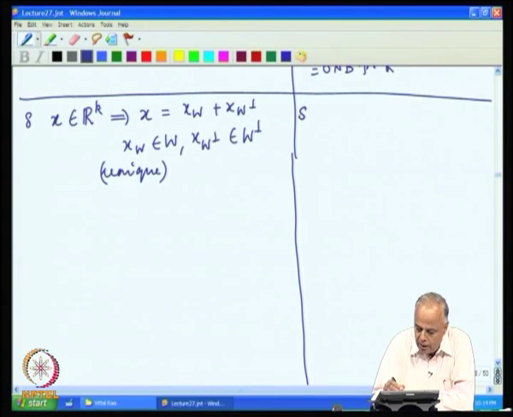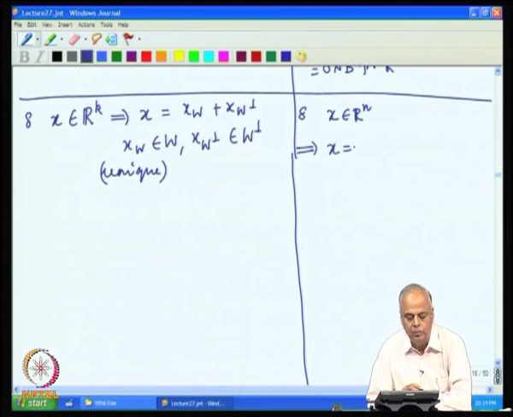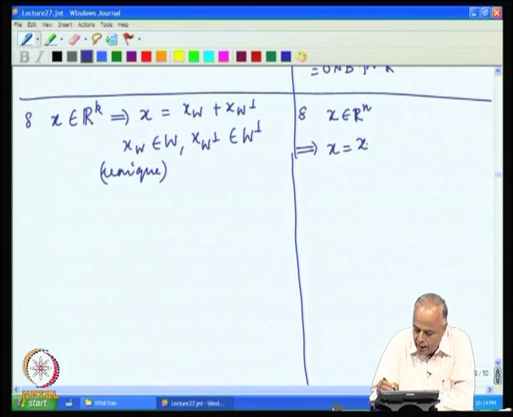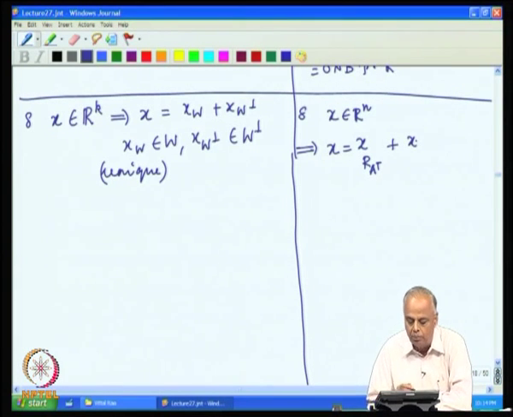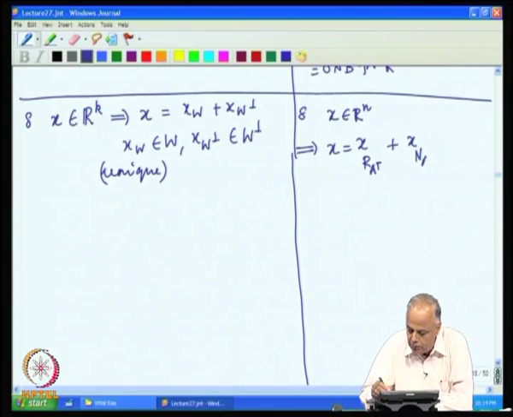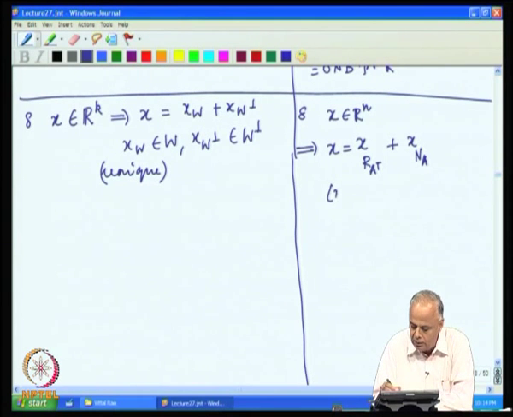Now, we consolidate this here. On the R^n side, we get x belongs to R^n, x is equal to, we take W to be R(A transpose), x in R(A transpose) plus x in R(A transpose) perp, R(A transpose) perp is N(A), and this decomposition is unique.